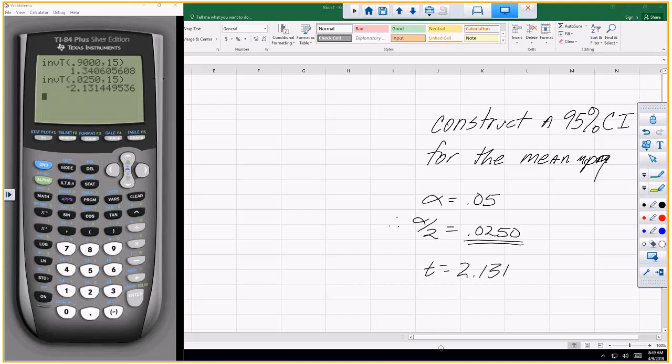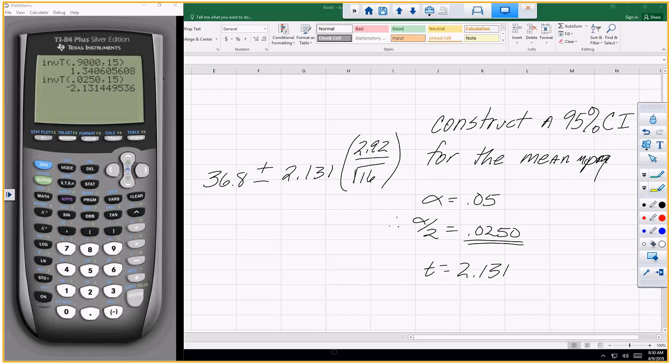36.8 plus or minus 2.131 times 2.92 over square root of 16. Now, what does the question ask for?